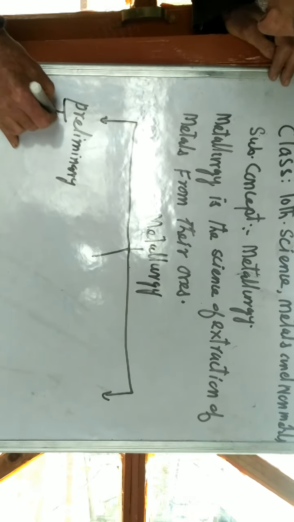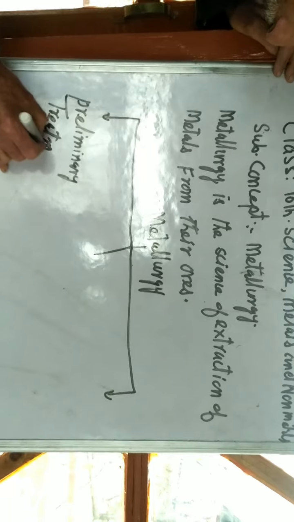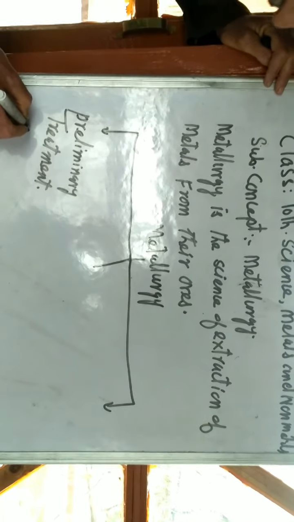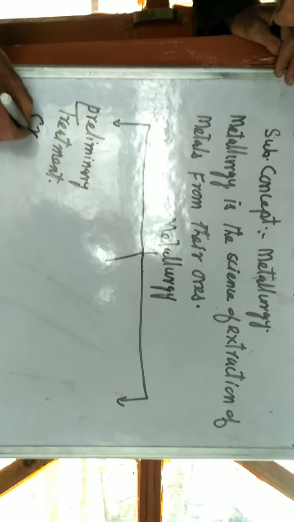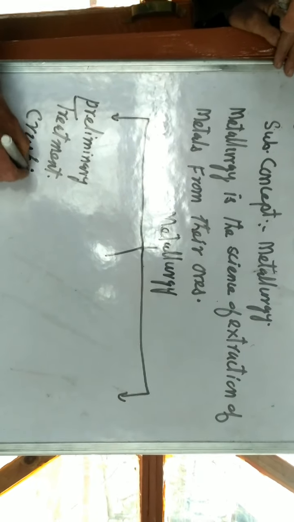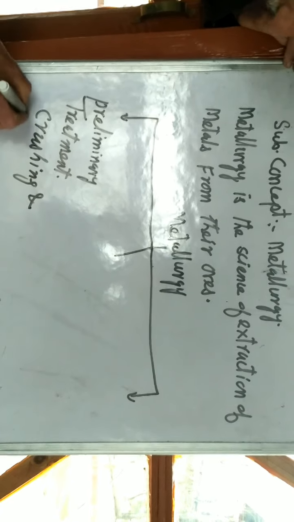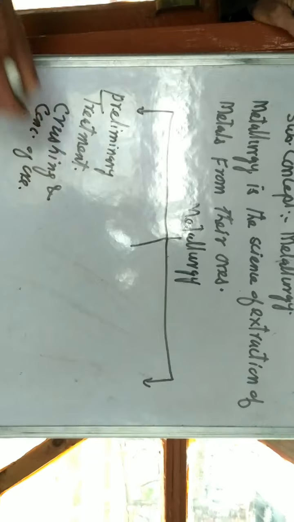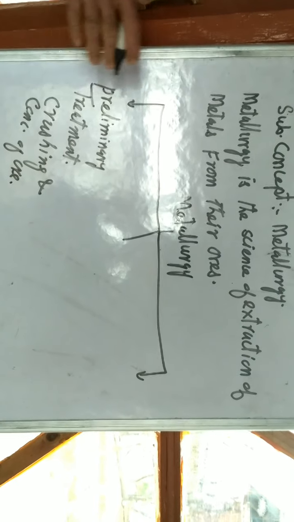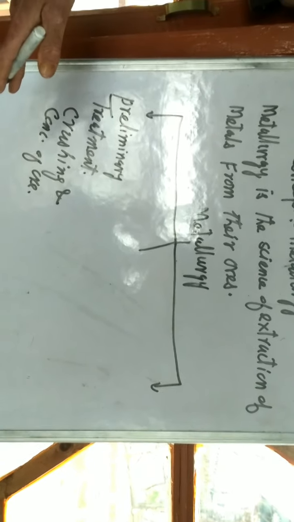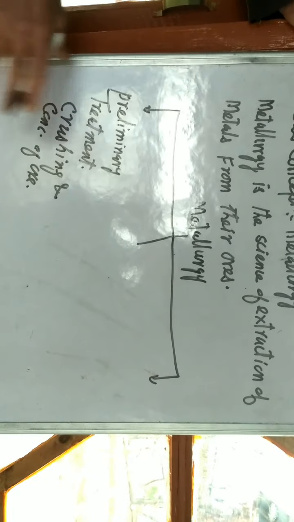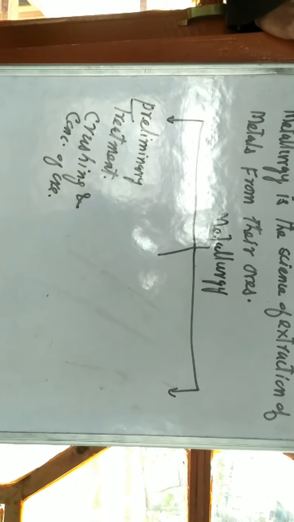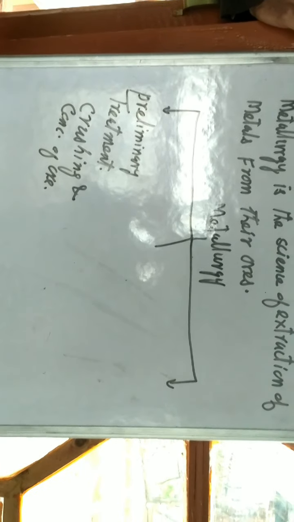It is also called crushing or concentration of ore. Here, gangue is removed from the ore. There are different methods for different ores adopted in this crushing and concentration of the ore.